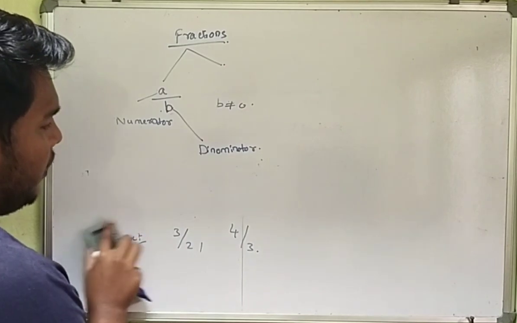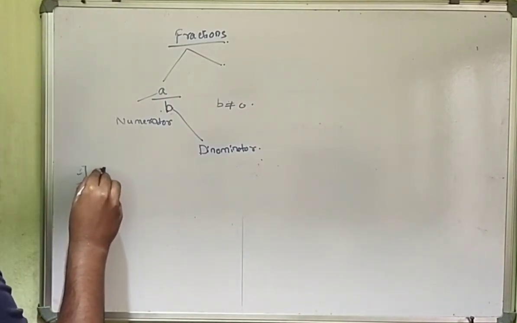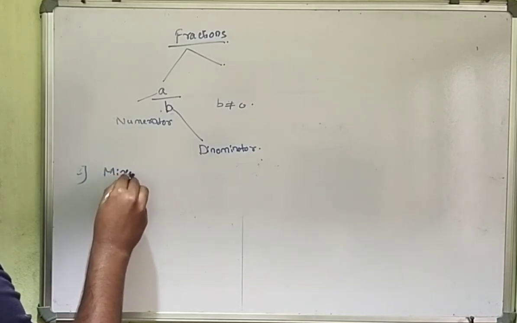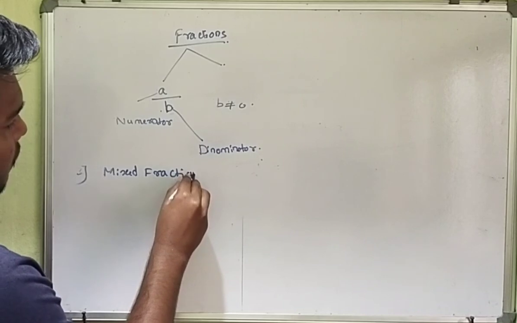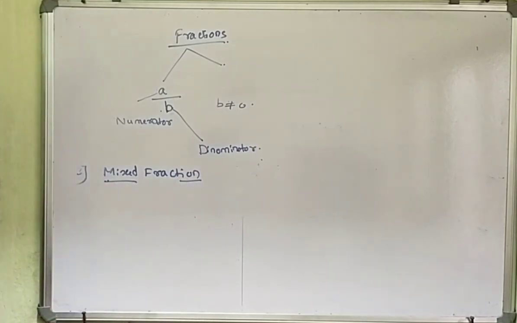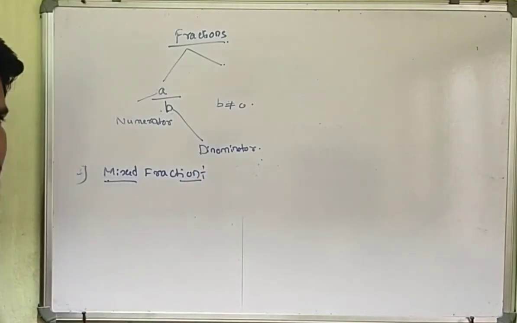Next, the third type is the mixed fraction. The mixed fraction is the numbers expressed in the form of a whole and its parts.